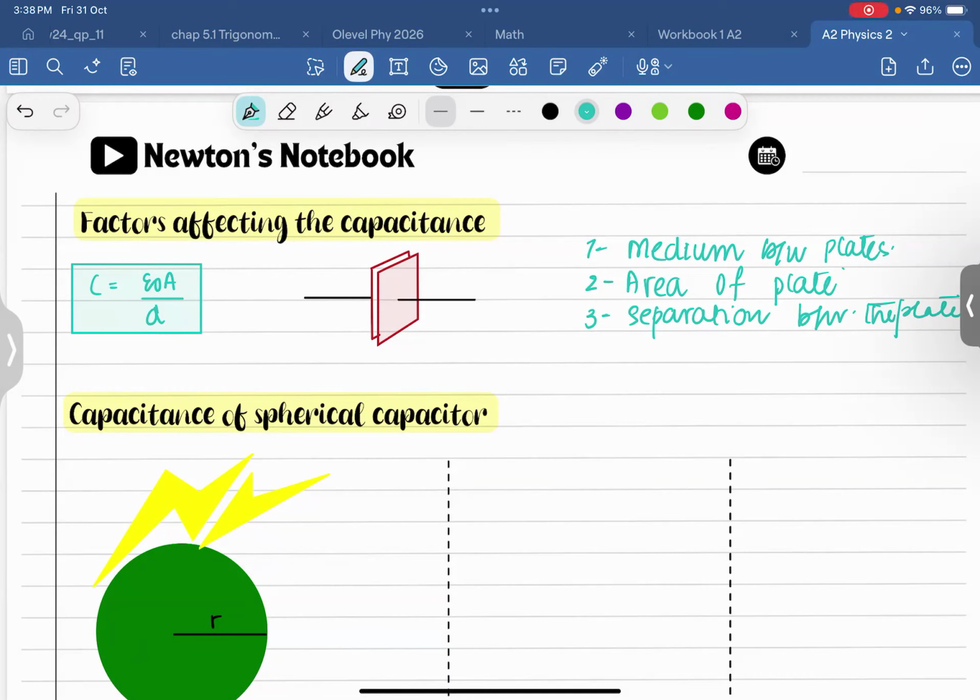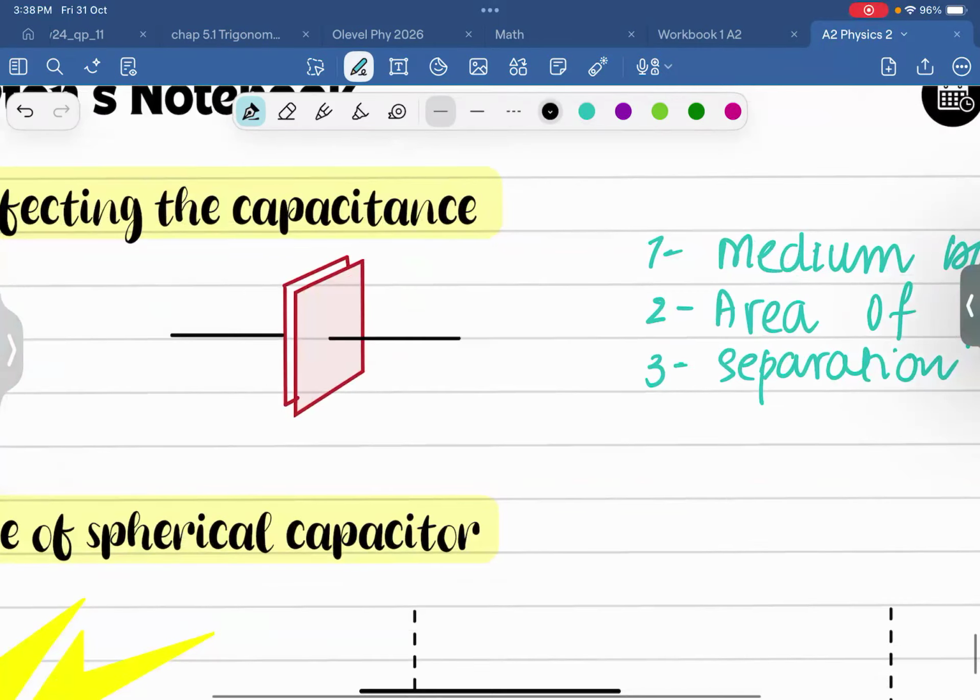Because if you increase the separation, you require more work done, and if more work done is not available, then the charge capacity will be smaller. These are the three factors or parameters that affect the capacitance of the parallel plate capacitor.